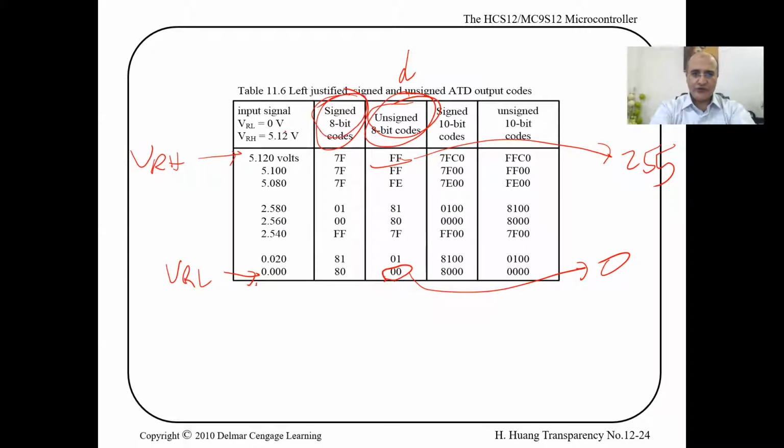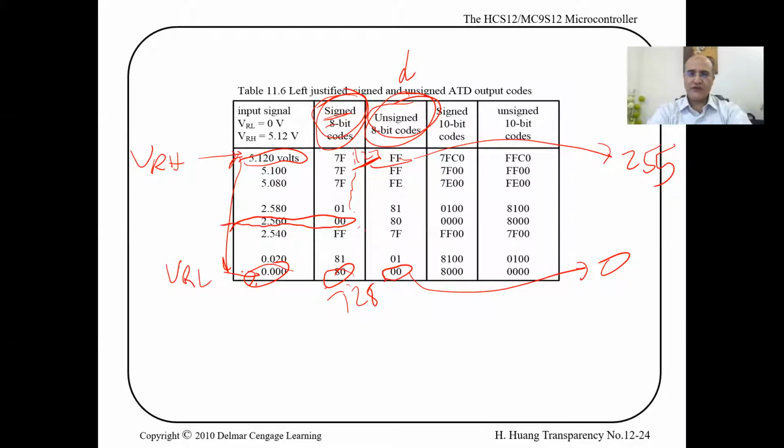If you choose to use signed numbers, signed 8-bit codes, then you start in the middle. So the half of this range is at 2.56. And this would be your 0. Going up, you will go up to 127 at the maximum voltage, or go -1, -2, down to -128 at 0 voltage.